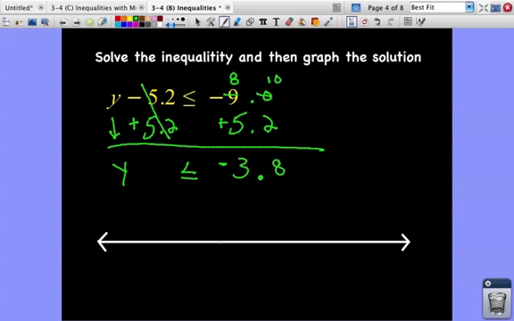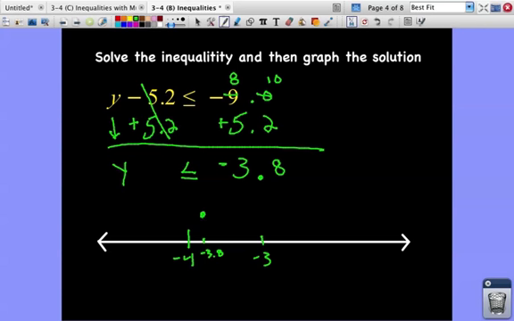So now when I graph this inequality, this is going to be negative 4. We'll do negative 3 here. My 3.8 is going to be right about here. So we'll do negative 3.8. Open or closed circle?